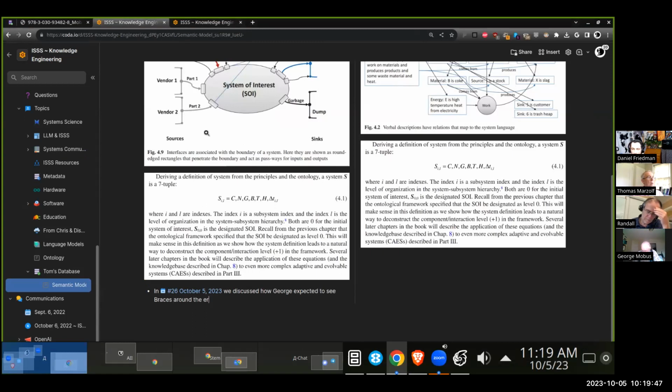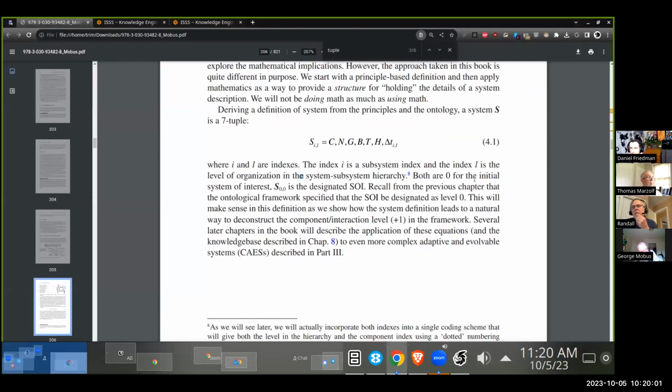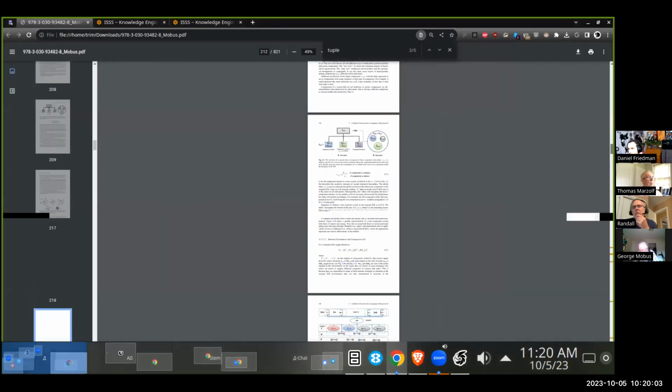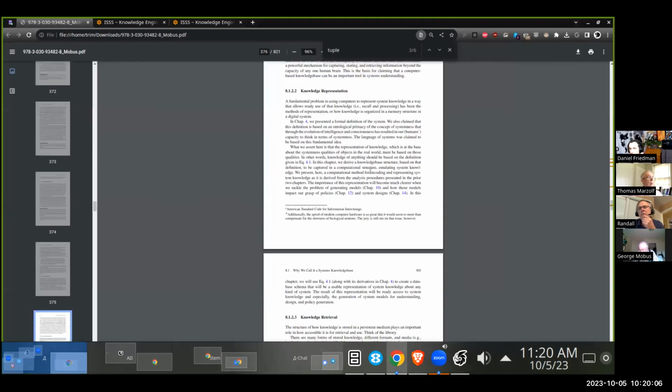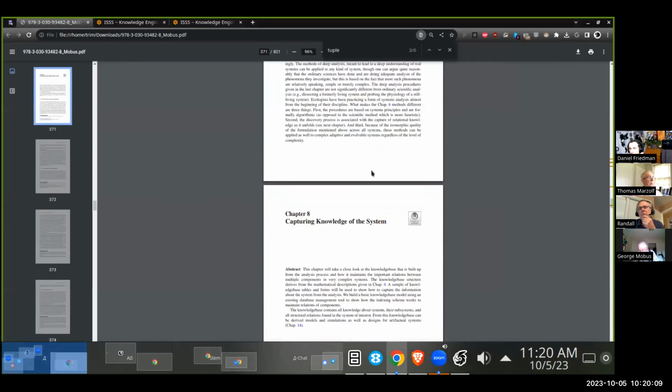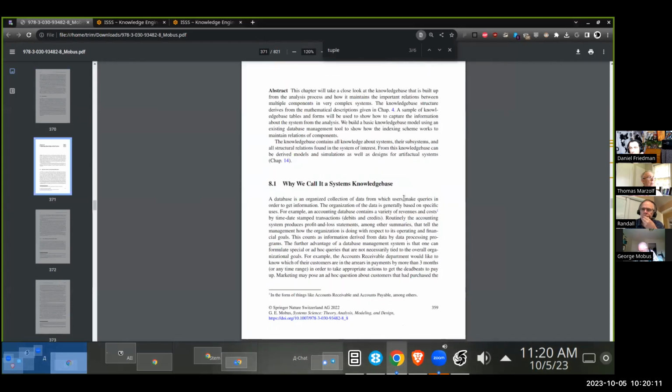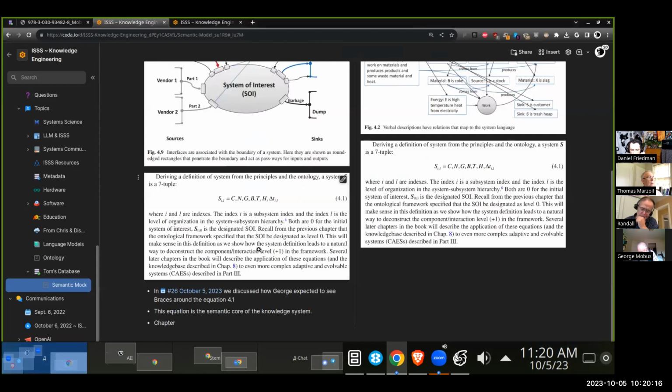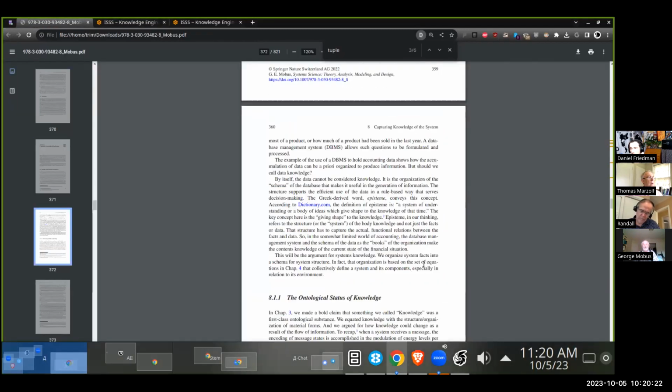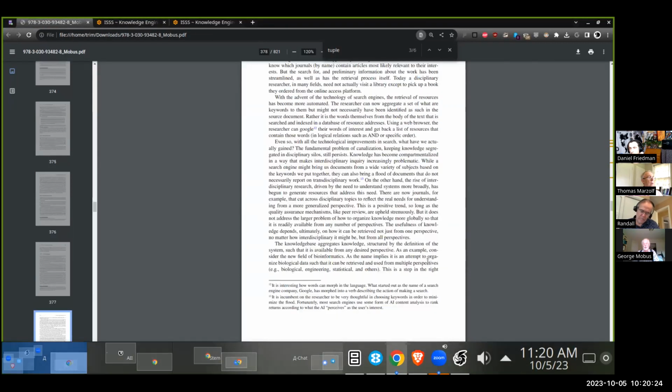And then in chapter 8, I showed by using a relational database system with cross references and so forth how this equation translates into actual capture of system knowledge.